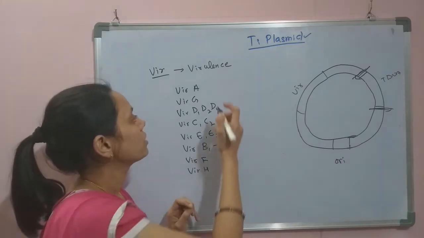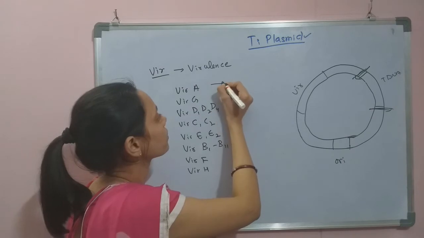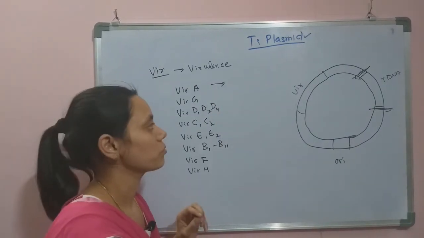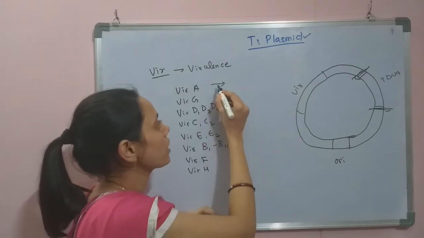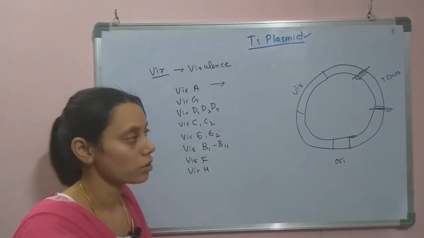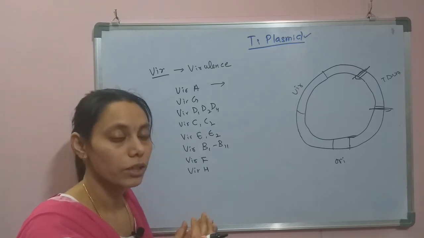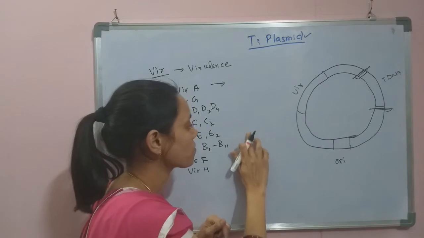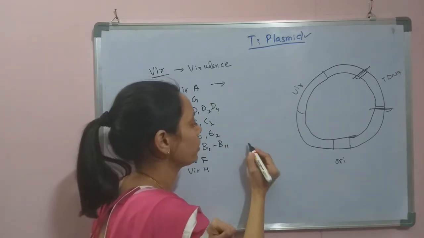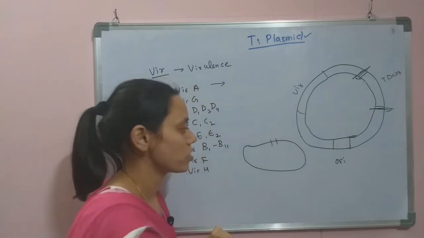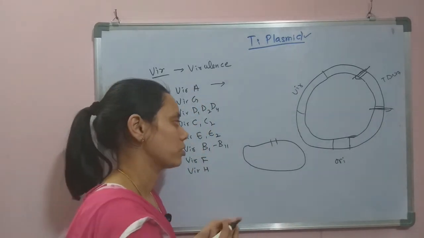So this Vir A is basically a receptor gene. That means this Vir A gene is responsible for the production of a receptor that will be inserted inside the membrane region of this Agrobacterium tumefaciens.